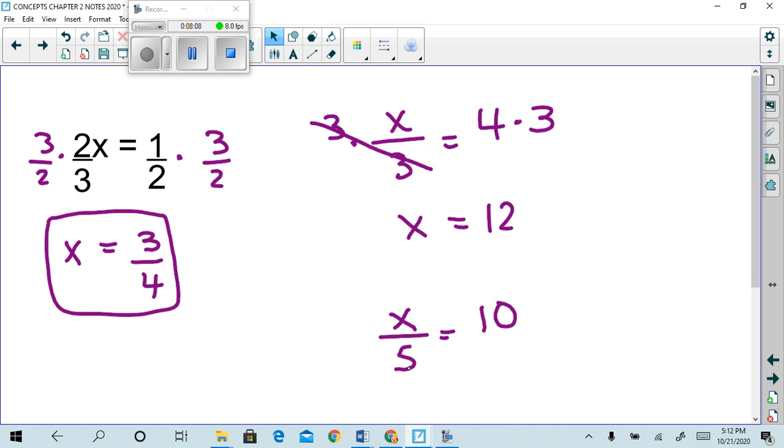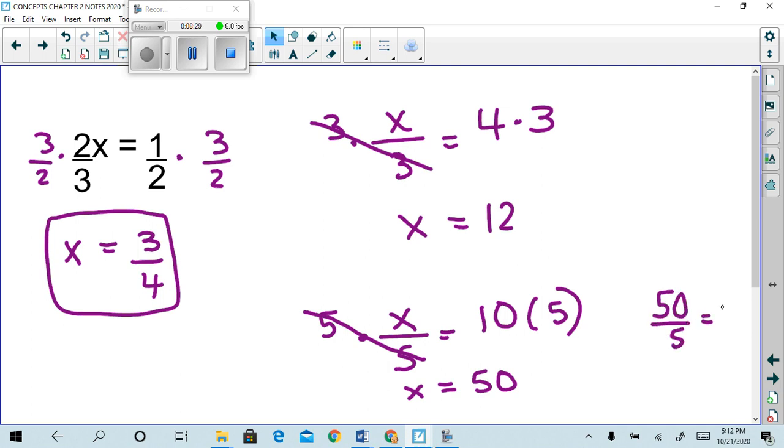Well, this is a division, so the inverse operation is multiplication. Multiplying will cancel out the 5's on the left, leaving me with x, and I multiply by 5 on the right, and that gives me 50. How do I know that's right? Well, let me divide. 50 divided by 5 equals 10, and it checks.